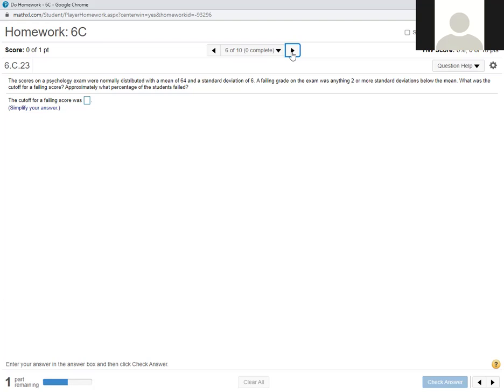So y'all, if your mean is sitting here at 64, there's one standard deviation and then my 2 standard deviations. So this was 64. What was my standard deviation? 6. So you're going to subtract 6 from 64. 58. And then we need to take 58 and go another standard deviation.